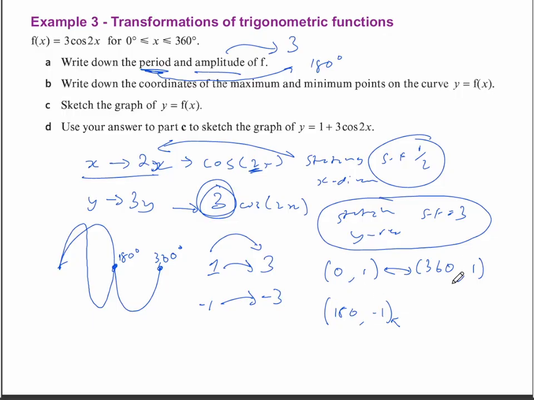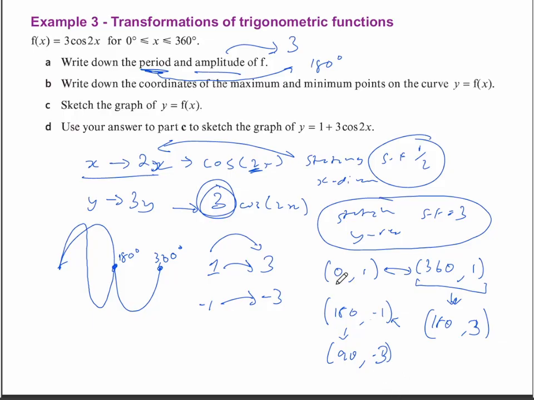When the degrees are 360, it's going to be 360 times a half, which is now 180. So this one changes to 180, 1, yeah? And obviously 180, negative 1 changes to 90, negative 1. And this is just the x changes. Obviously the y changes as well, because the amplitude has now become 3. That means the max is going to be 3 here and negative 3 here.